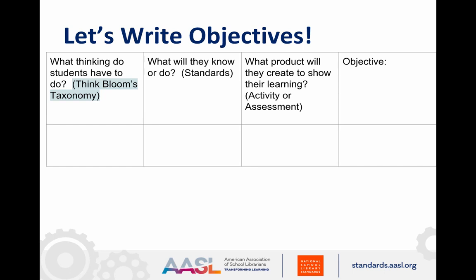But if I'm not really hitting that standard head on, if I am really just introducing this as a byproduct of the requirements of the assignment, I'm probably going to just be looking for a successful completion of the citation. So mine would probably say students will navigate a citation generator, and so I would just put that out here.